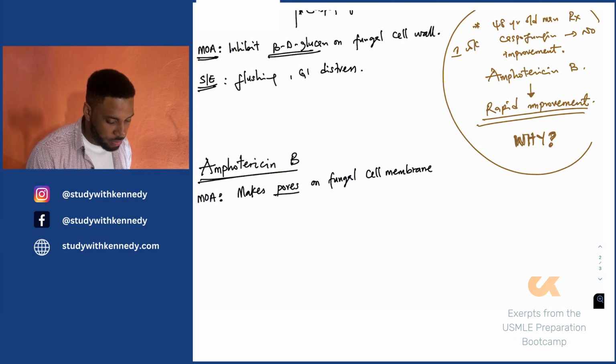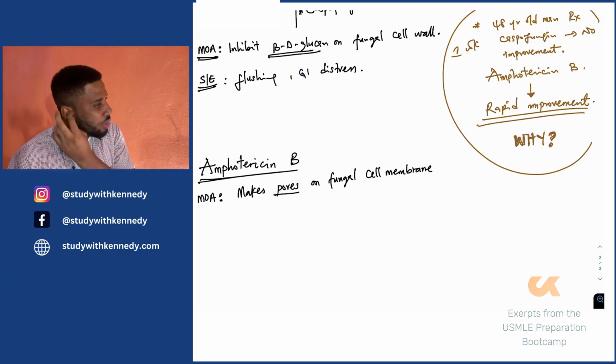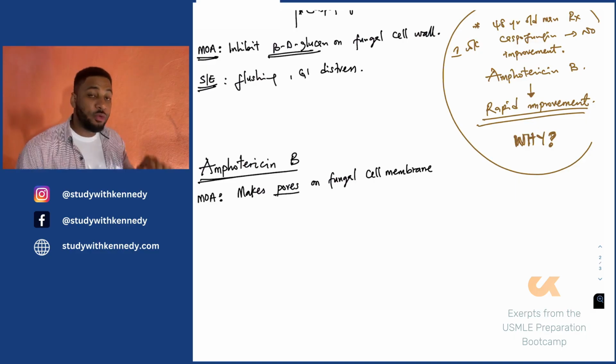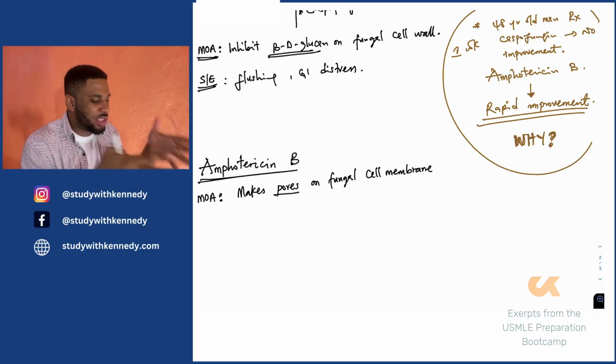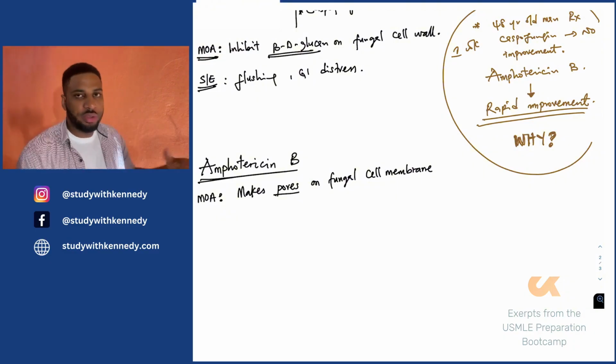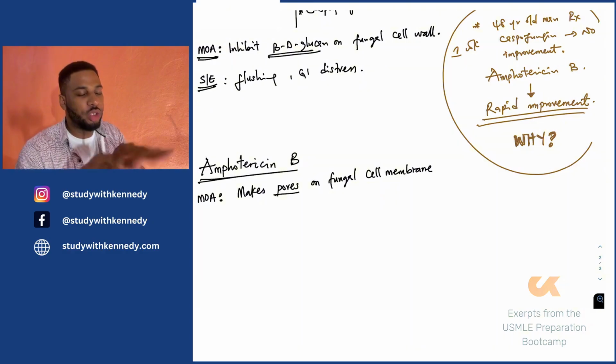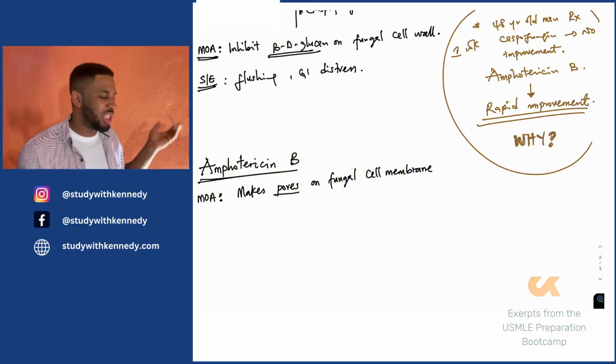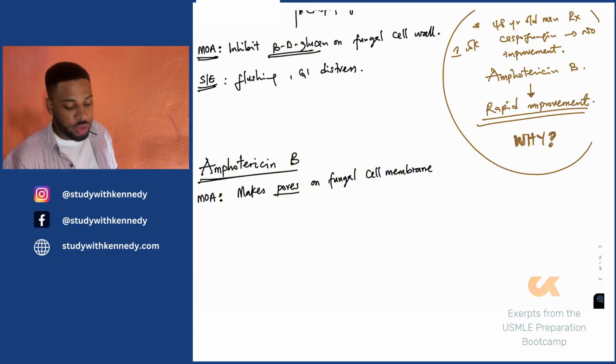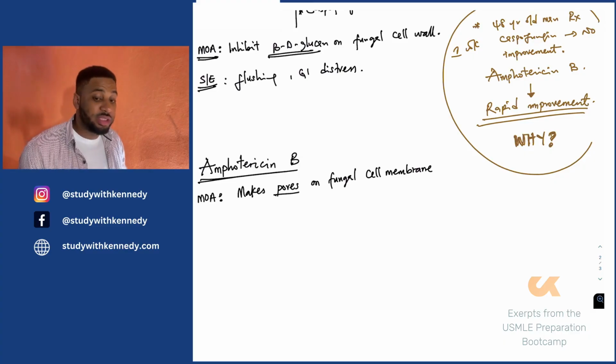Take note, it's not on the cell wall, it's on the cell membrane. And if you poke holes in the cell membrane, everything inside of the cell leaks out into the environment, right? Imagine somebody punctures a lot of holes on your body. That's it, GG, you're done. So that's what amphotericin B is basically doing to the fungal cell. It makes pores on the fungal cell membrane.